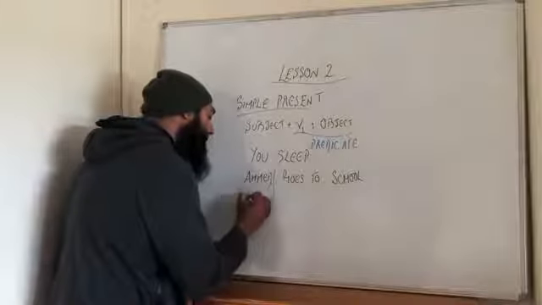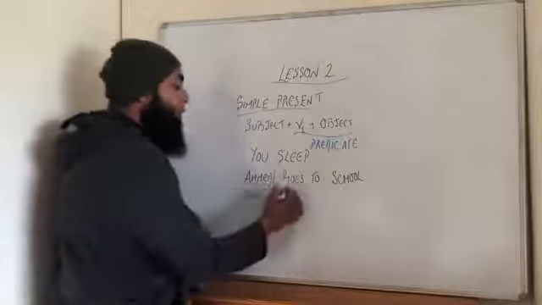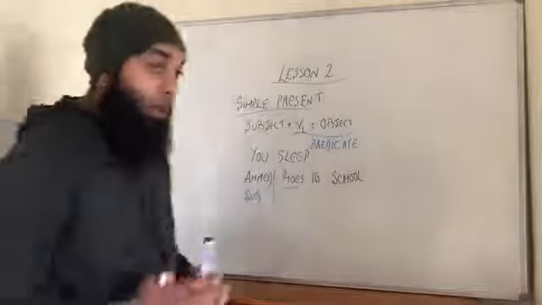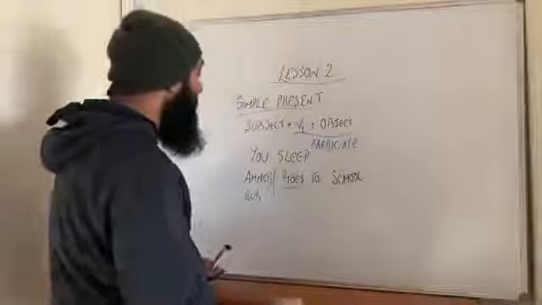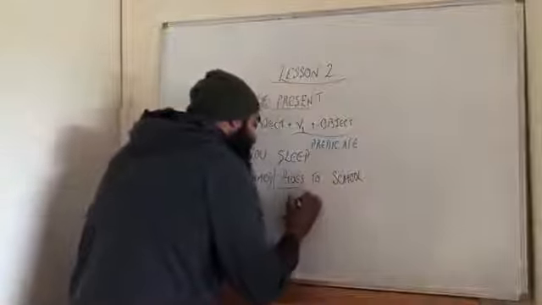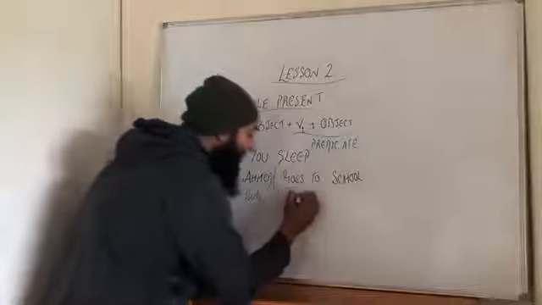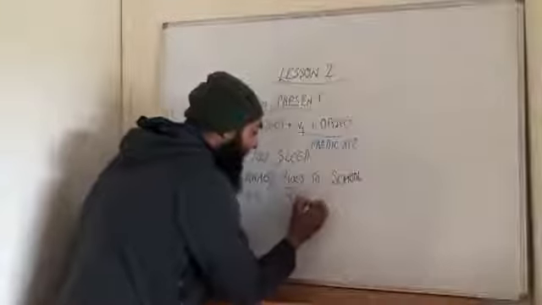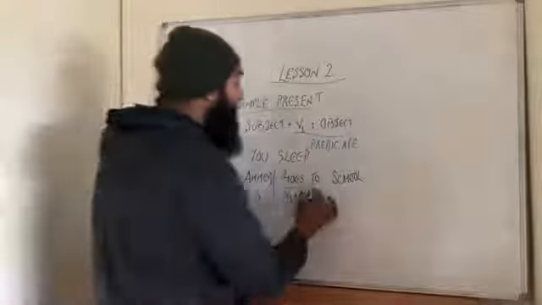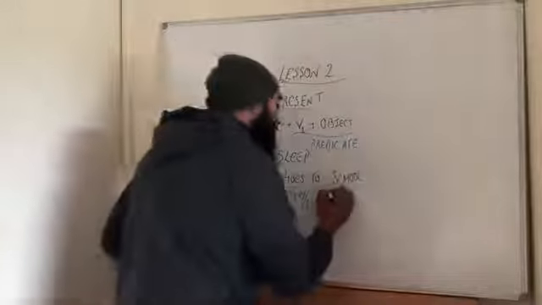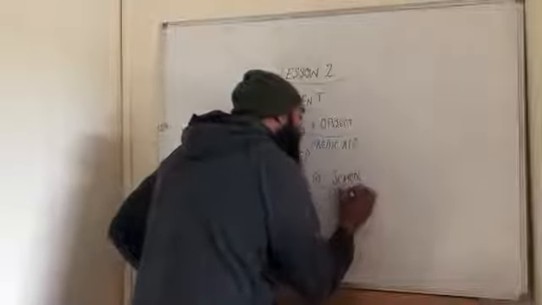Ahmed is a subject because it's a name. Goes. Go means that you are going somewhere, so go is a verb. But the interesting thing is that with go, we have E and S added with it. And where do we go? To school. Now we have an object in the sentence, which is the school, okay?